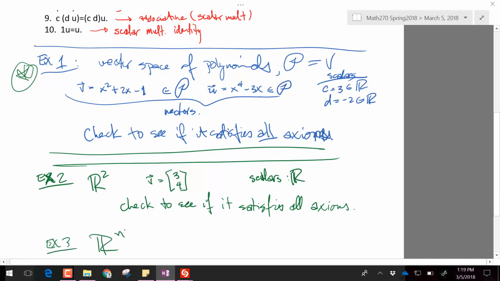Any n dimension can be a vector space. And when we say a vector space over something, the something is technically your set of scalars.